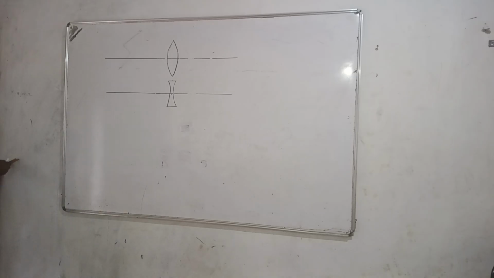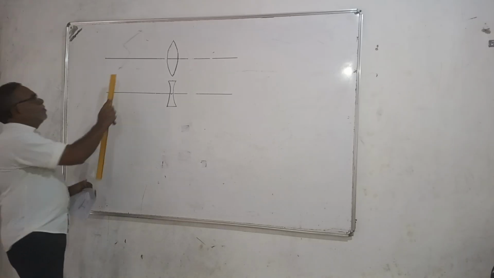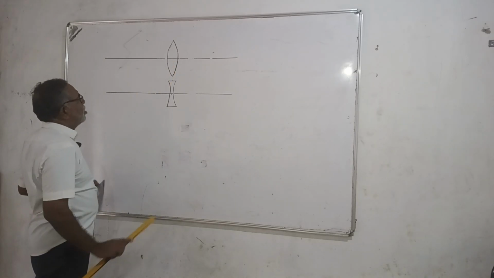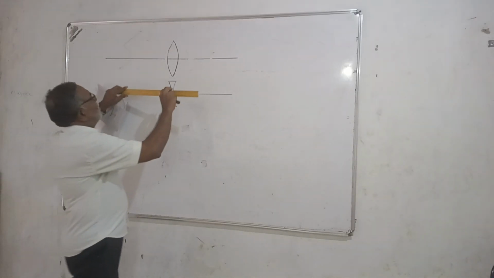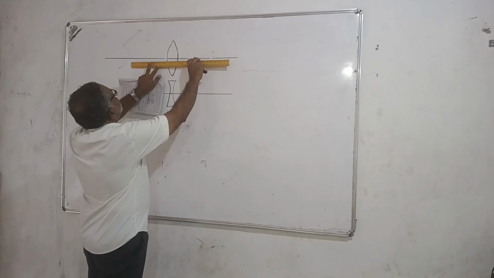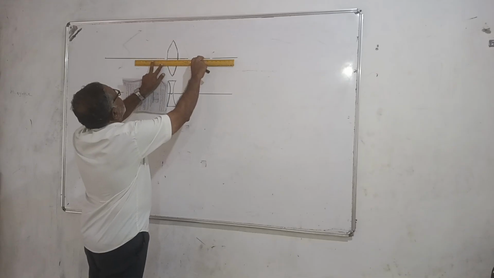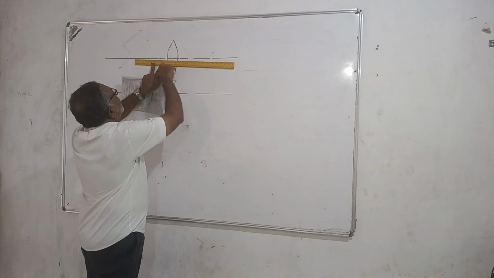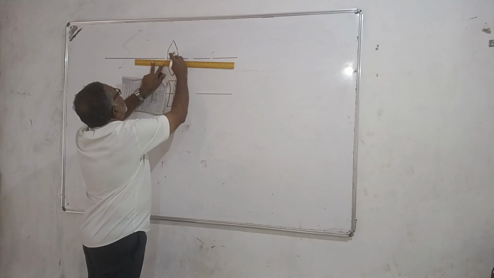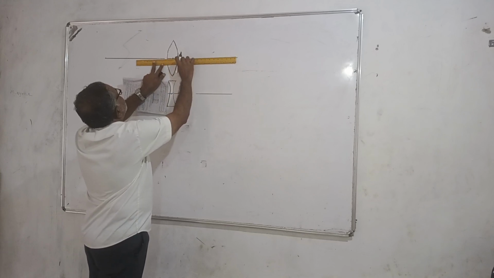Look here. So here the principal axis is drawn, lens is drawn. Mark f and 2f. While marking f and 2f, we should give equal distances, otherwise we cannot get the image. Look, I am leaving equal distances.